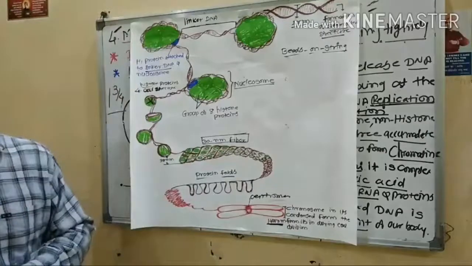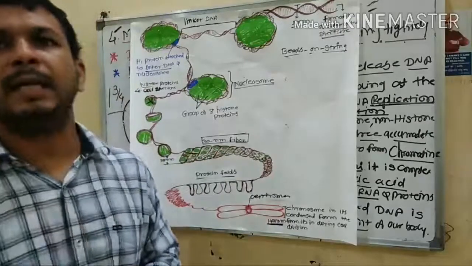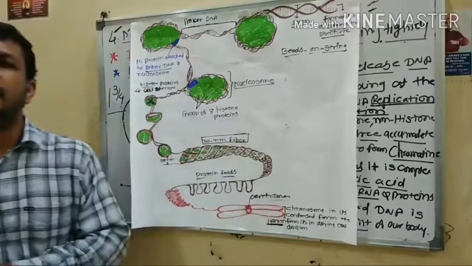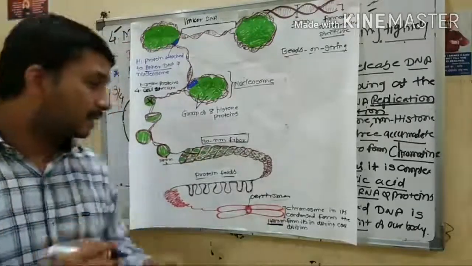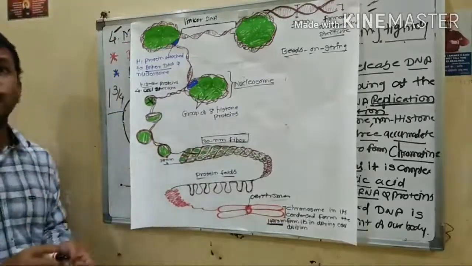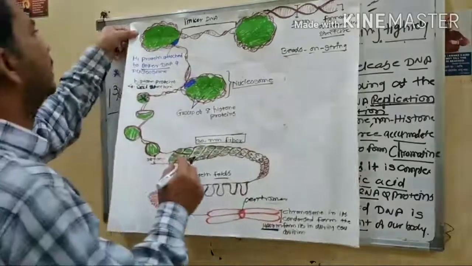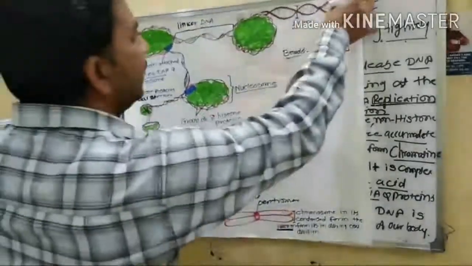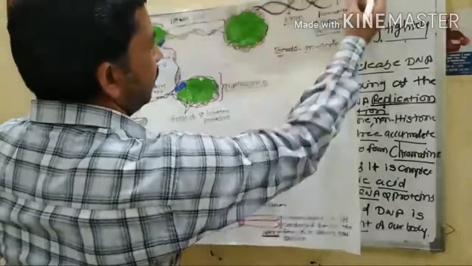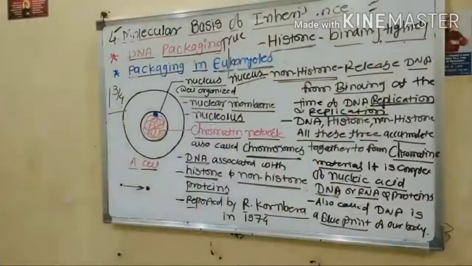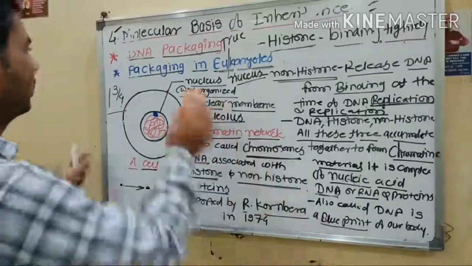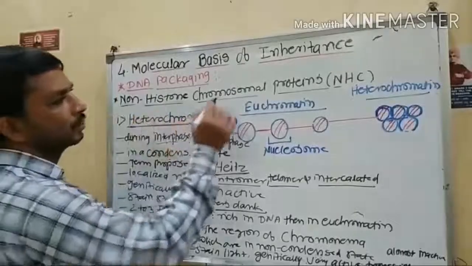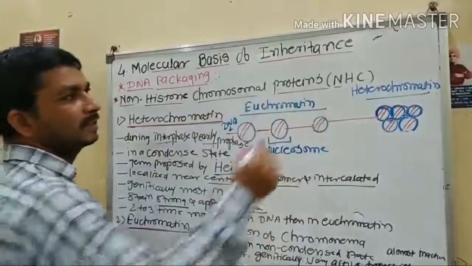Then the centromere and telomere are also interconnected. Heterochromatin is genetically inactive, and it has non-histone chromosomal proteins, that is NSC.